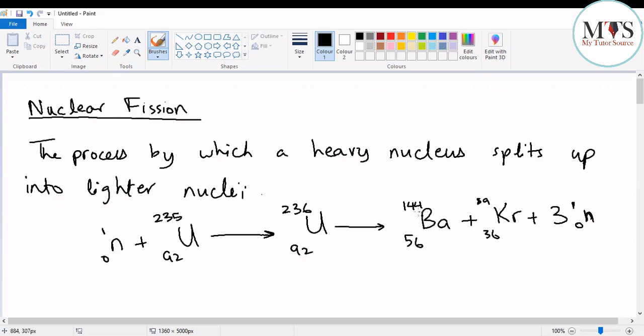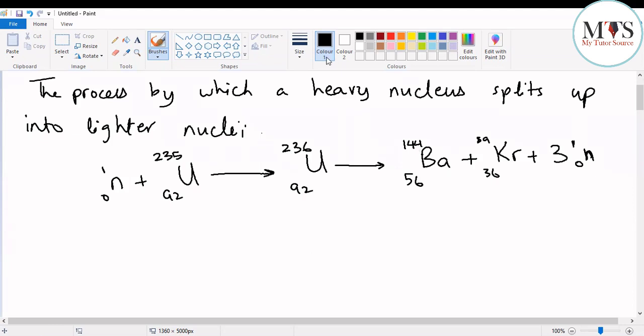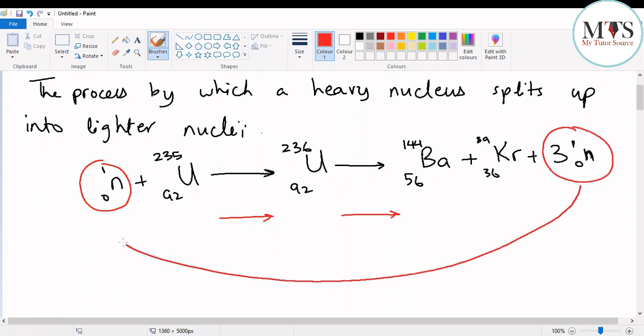You can see that the reason this reaction started was because of a neutron, and this is the first step, then this is the second step. At the end of this reaction, it's producing three more neutrons. These neutrons can then go back into the start of the equation and react with more uranium to produce more of these elements.